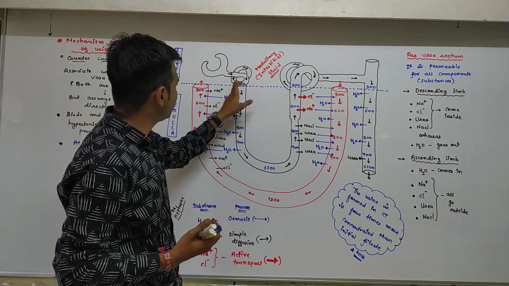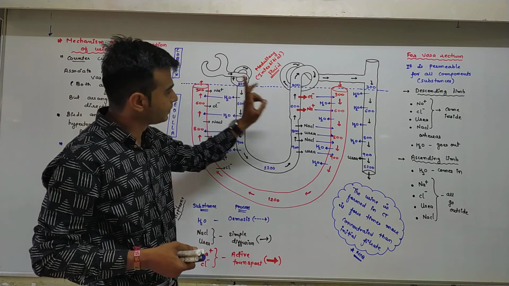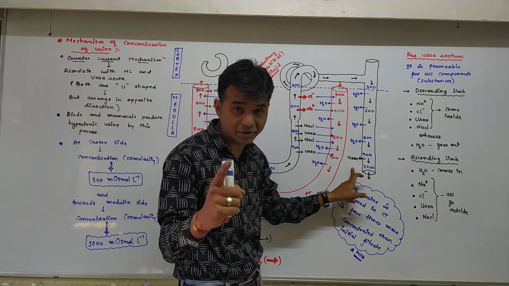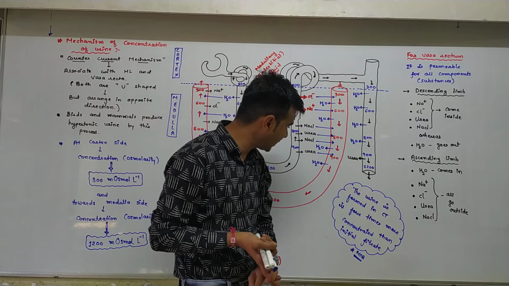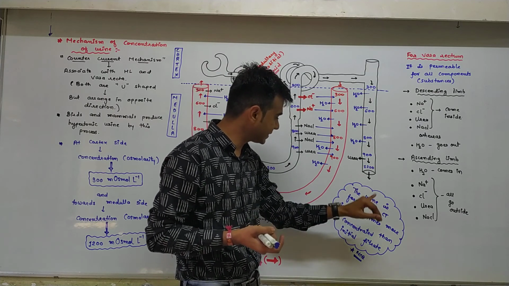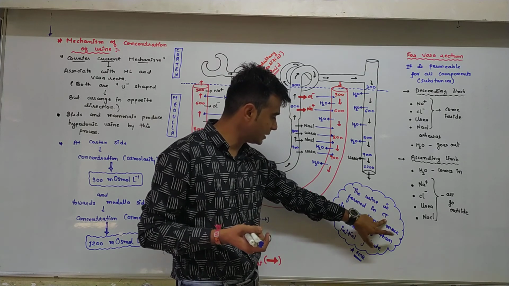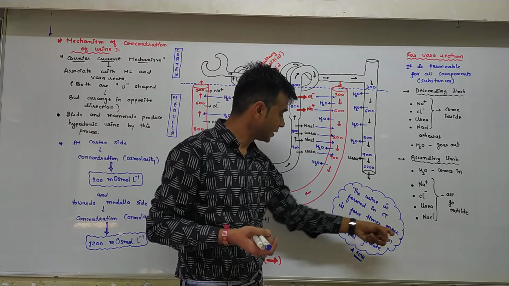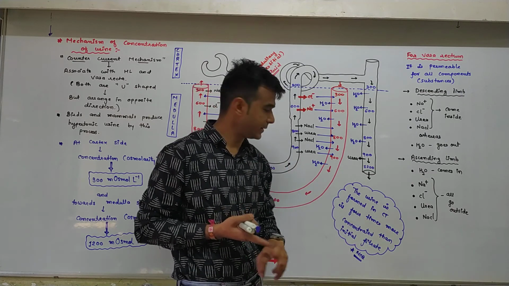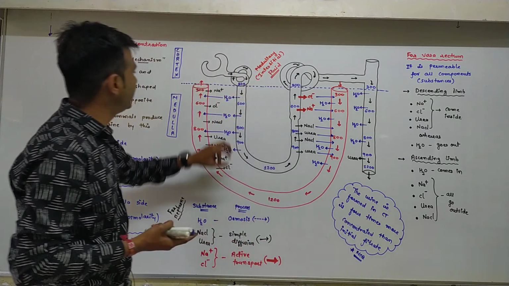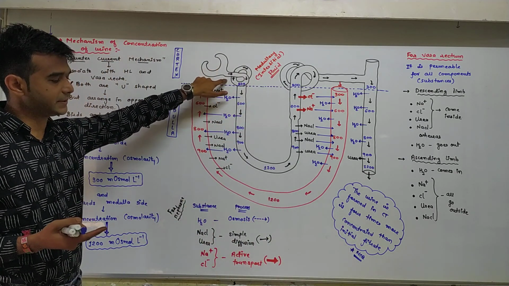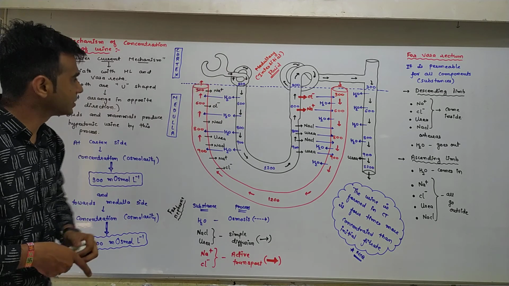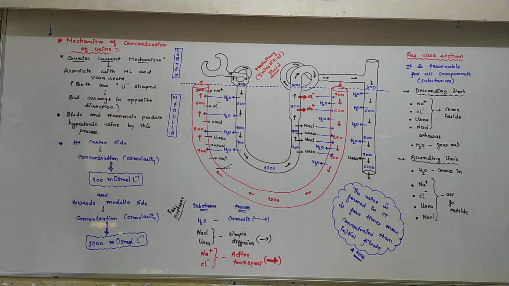But the initial filtrate concentration is 300 and the last urine concentration is 1200. That's why the urine formed in the collecting tubule is 4 times more concentrated than the initial filtrate formed in the PCT. Fine. So in this way the concentrated urine is formed in the nephron.